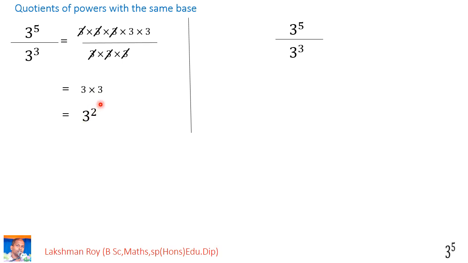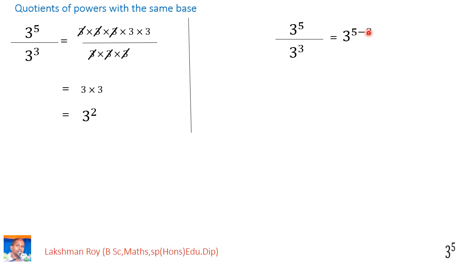In this same question, I'll try to get this power using another method. You can see base 3, and here index 2, here index 5, here index 3. How do we get the index 2? The base is 3, you write one base, and this index subtract this index. So the indices subtract.